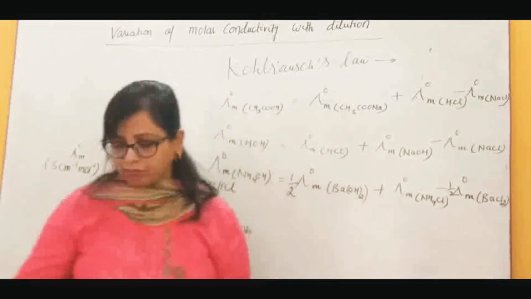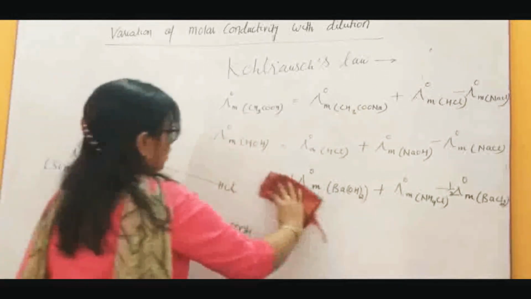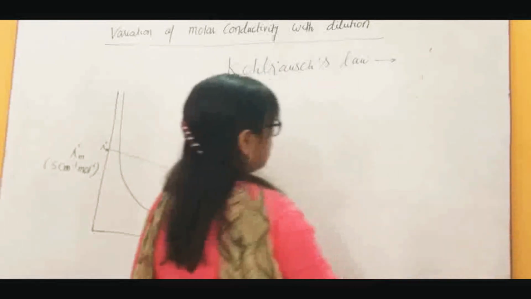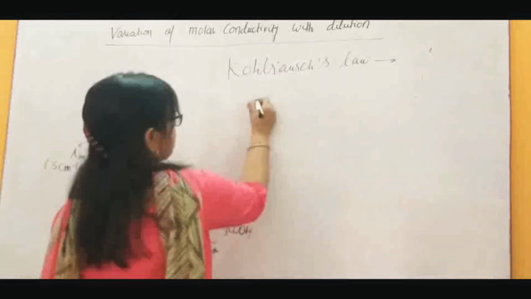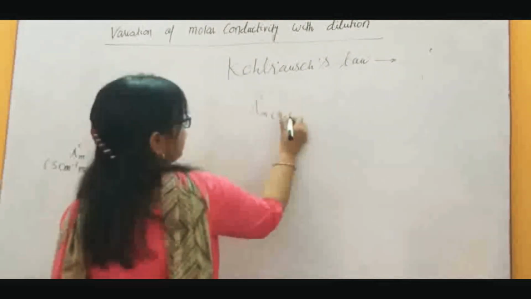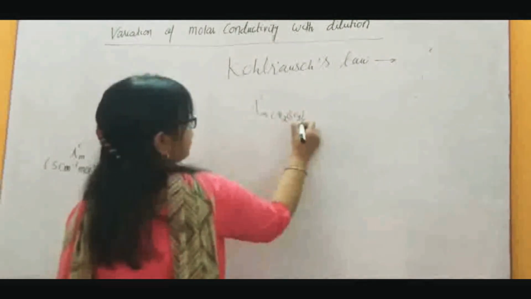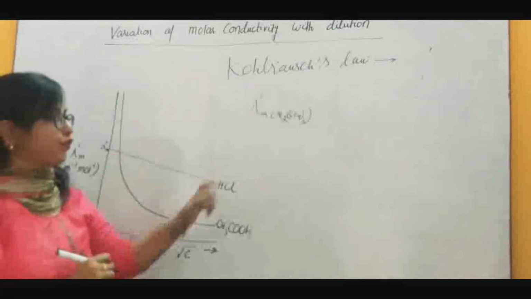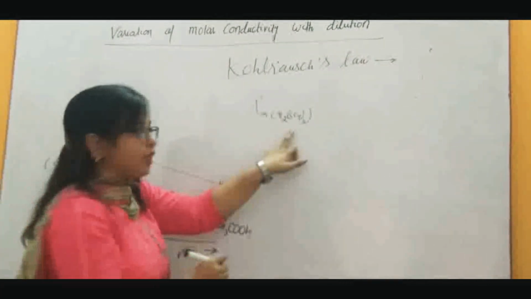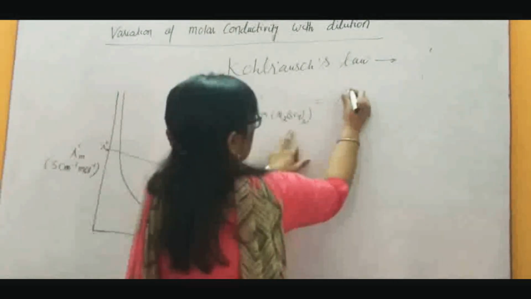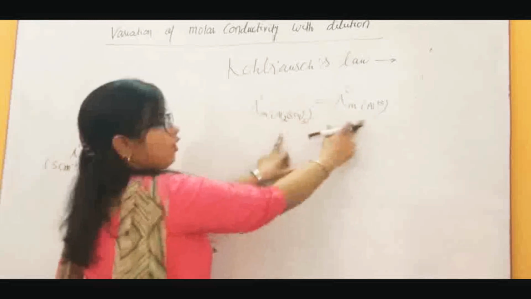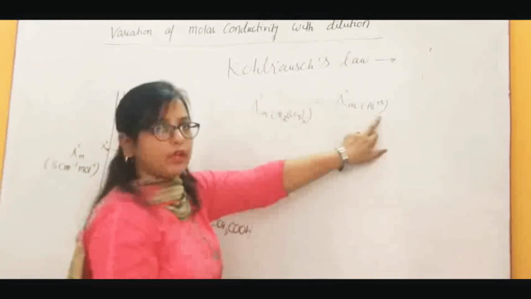Okay guys, so I am writing here another example. How can we find the limiting molar conductivity for aluminium sulfate? So I am giving one practice for all of you. Aluminium sulfate contains 2 aluminium ions. So I am writing the limiting molar conductivity of aluminium ion.